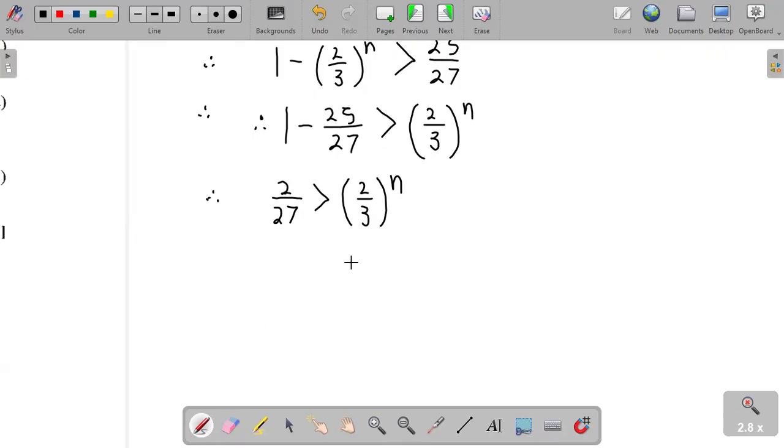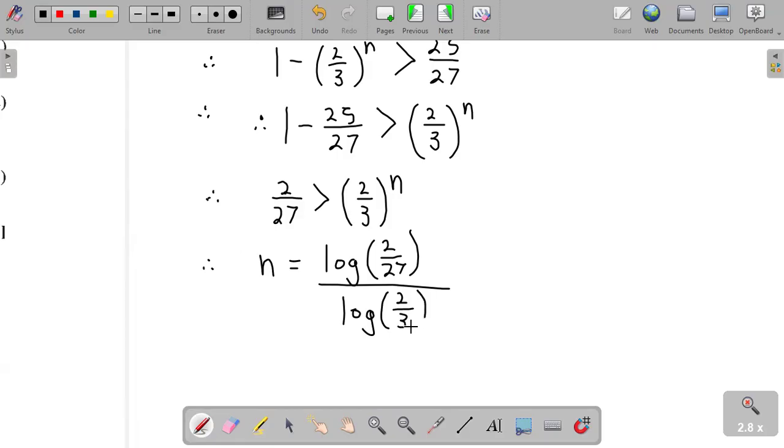In order to get n, we can use logarithms. It's going to be n equals log of 2 over 27 divided by log of 2 over 3. This is where you use a calculator.